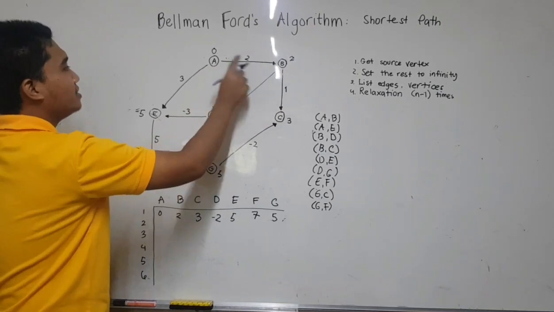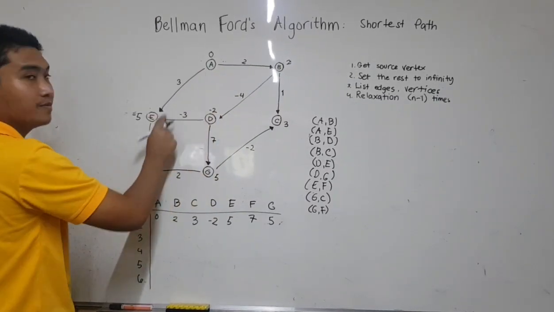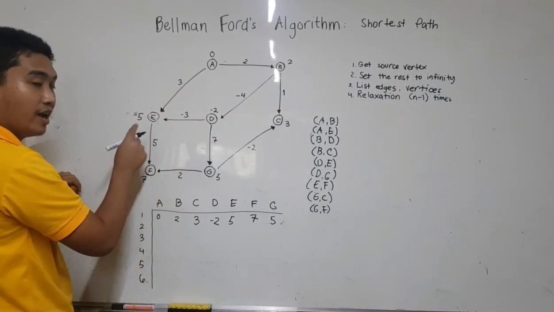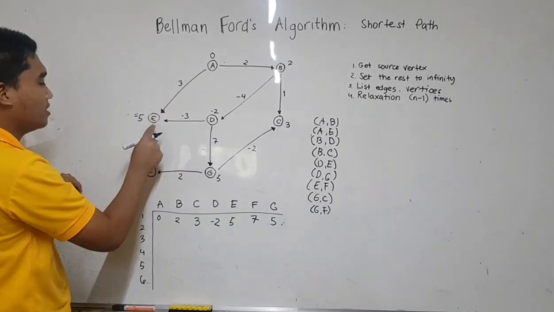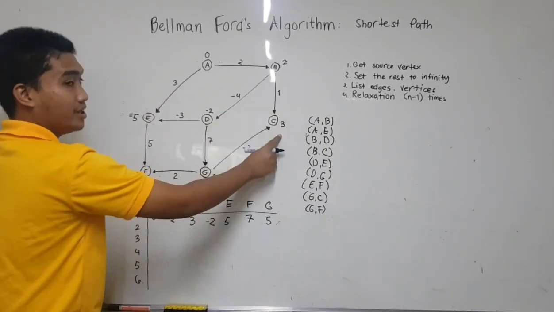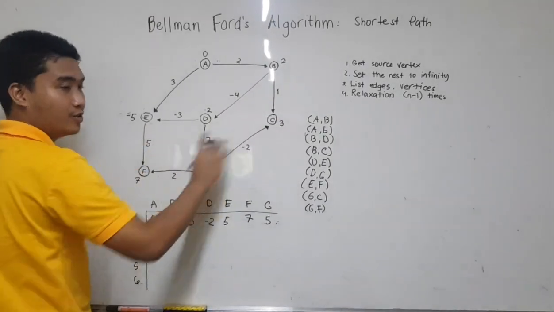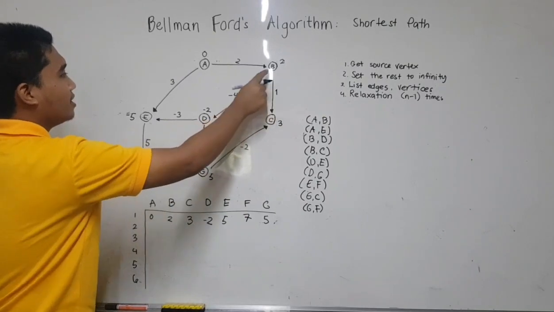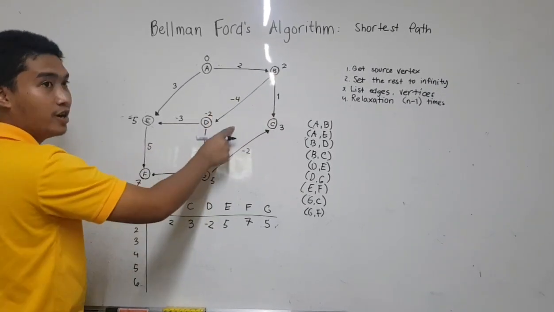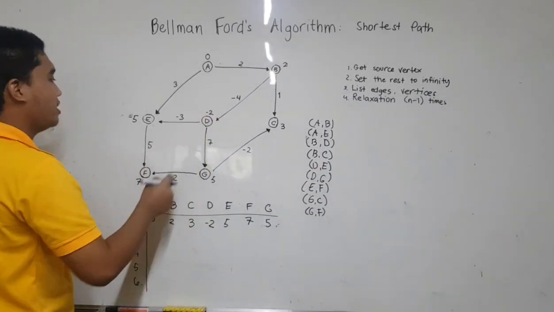A to B, 0 plus 2 is 2, so no change. Next is A to E, 0 plus 3 is 3. And negative 5 is still less than 3, so no change. Then next is B to C, 2 plus 1 is 3. So it's already 3, so no change. The next is B to D, 2 minus 4, negative 2, already there, no change.